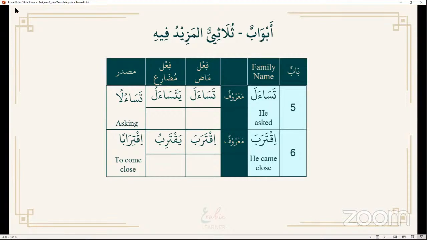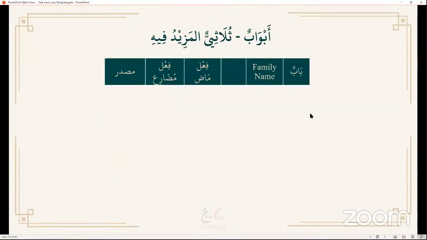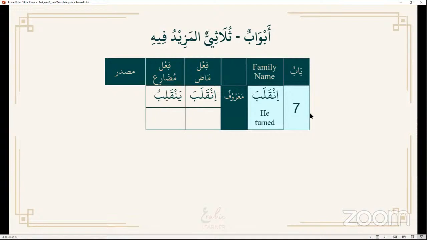Tasa'ala yatasa'alu tasa'ulan. Iqtaraba yaqtaribu iqtiraban. Now the last one, last page.